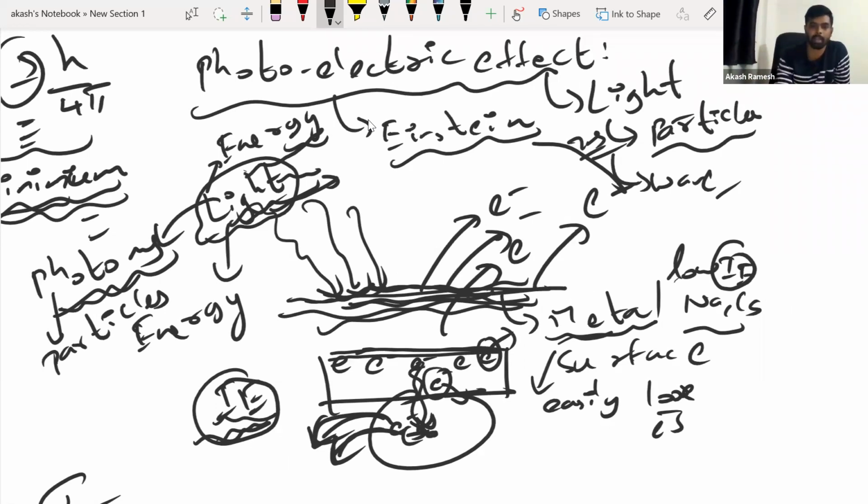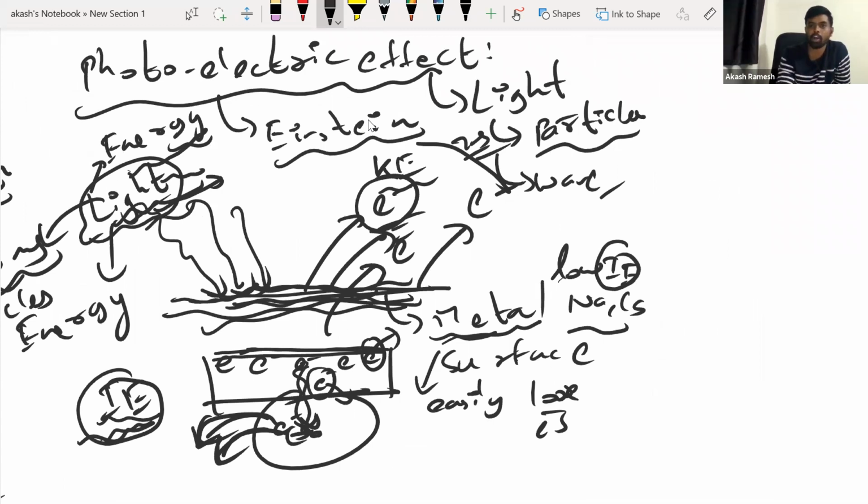Say this electron is coming out. If I want to see how much energy this electron possesses, obviously these electrons are moving, so they will have some kinetic energy. Can I calculate the kinetic energy? Assume that you use light of energy 1 joule, and there was no photoelectric effect.